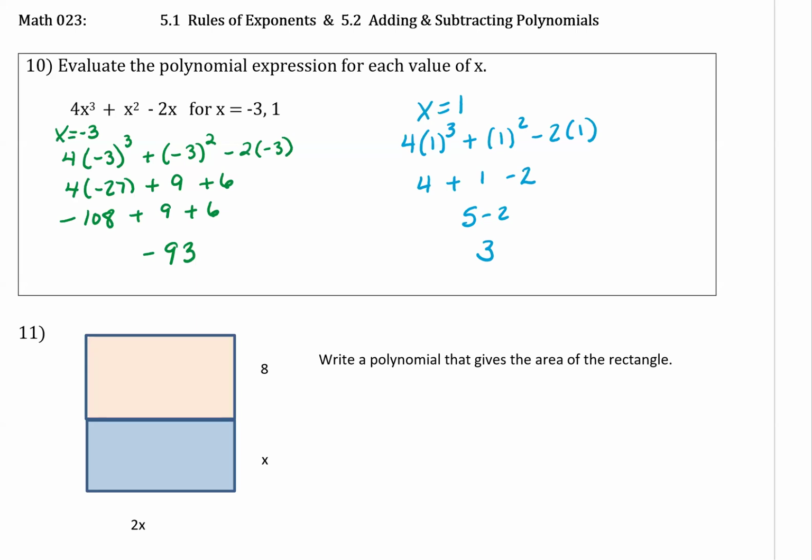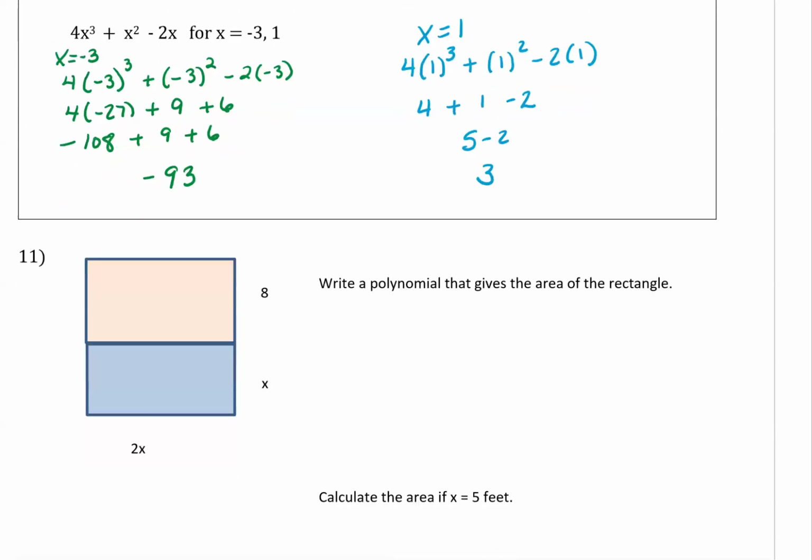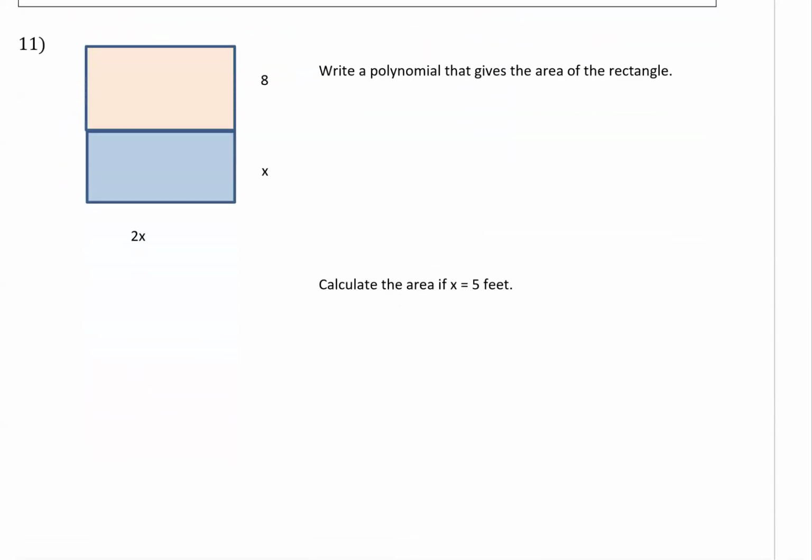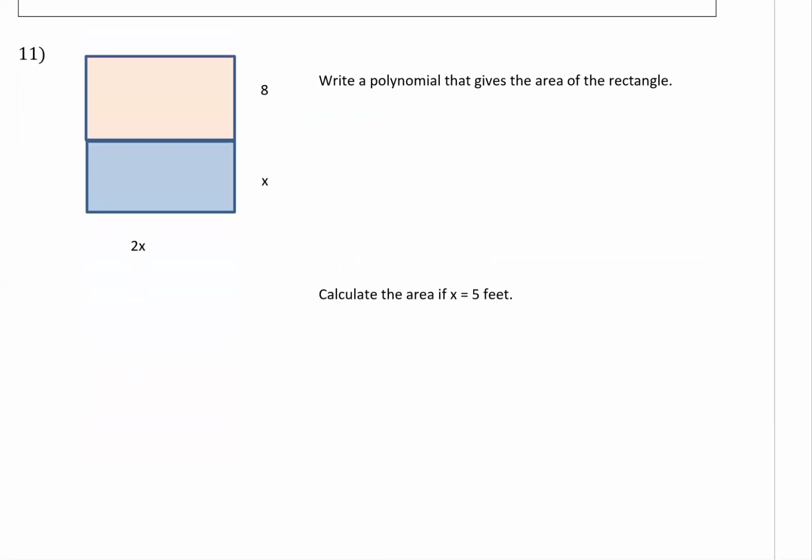All right, number 11. Write a polynomial that gives the area of a rectangle. First of all, we know that the area of a rectangle is equal to length times width. So if we look at the side that I've highlighted in yellow, if the tan side is 8 and the blue side is x, and we want the length of that entire side, then we would add those.